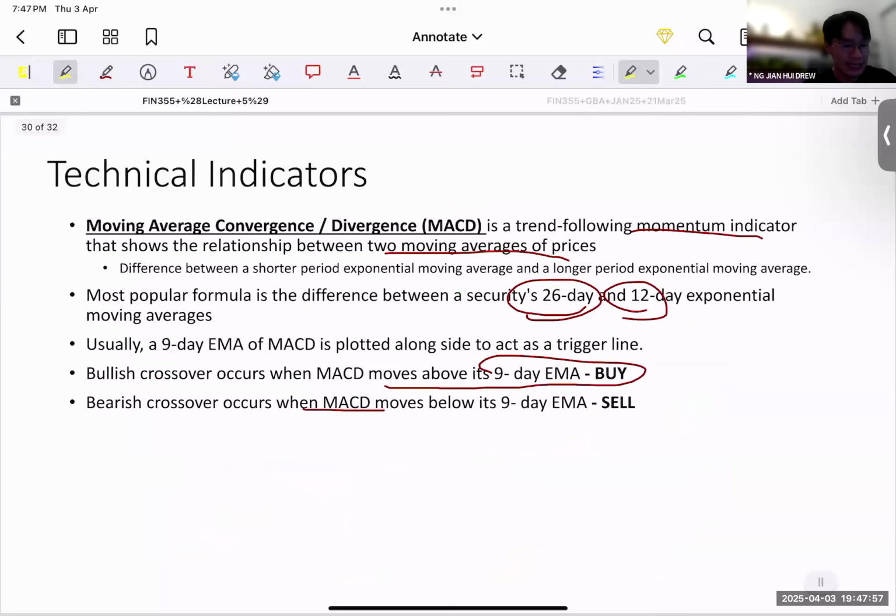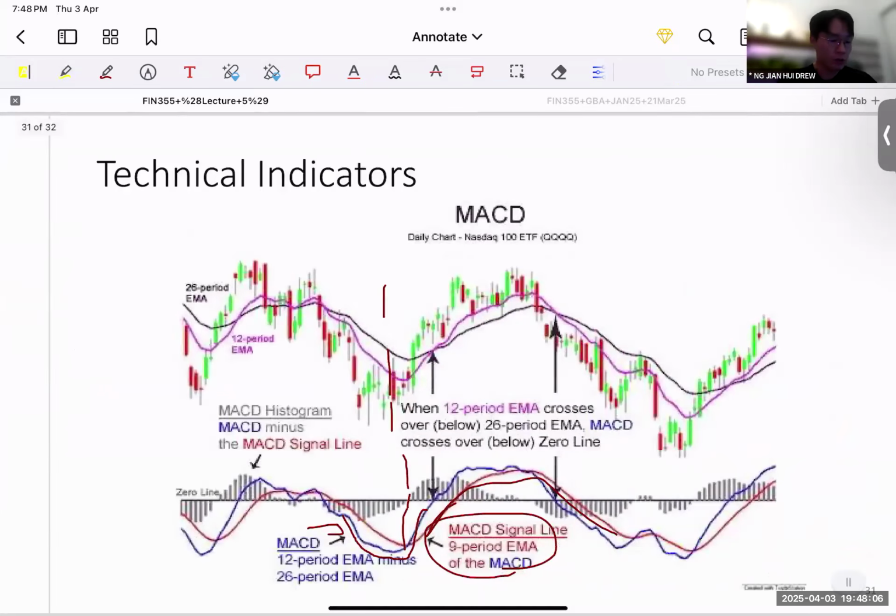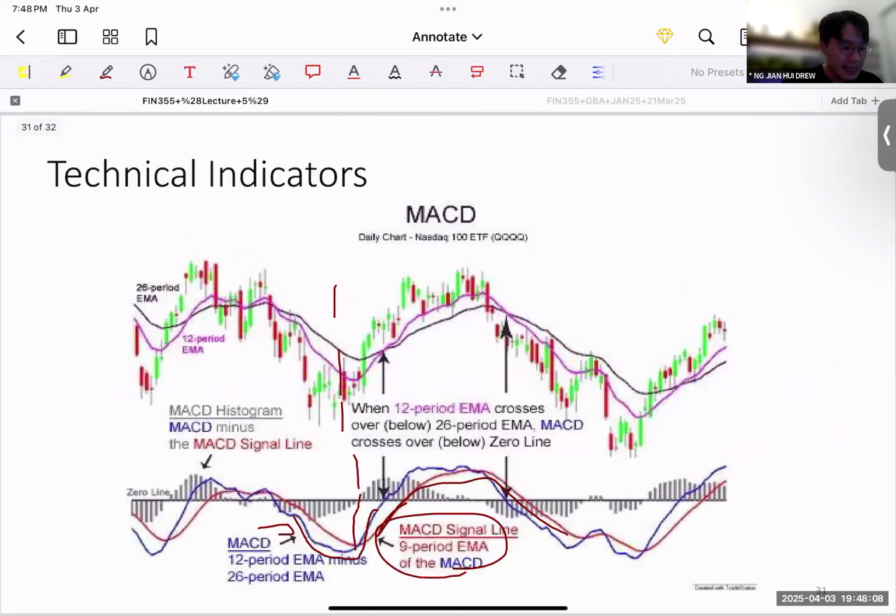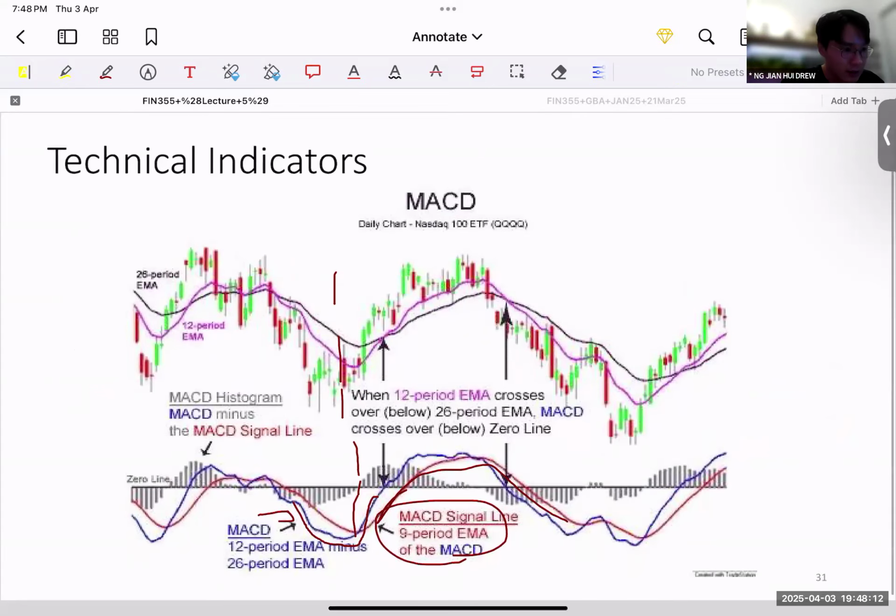Referring back to the slide, the bullish crossover occurs when the MACD moves above the 9-day exponential. Can you see that at this point here, it moves above your 9-day exponential, and by doing so, gives you a bullish signal.